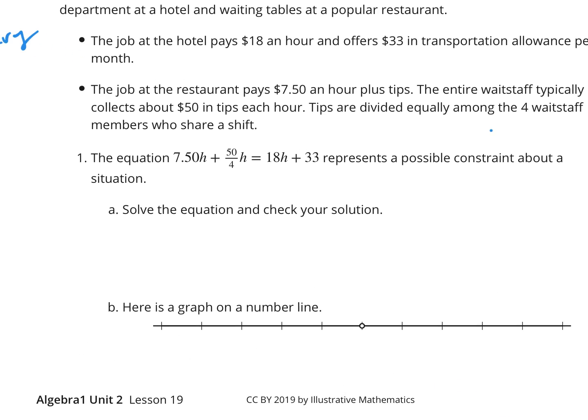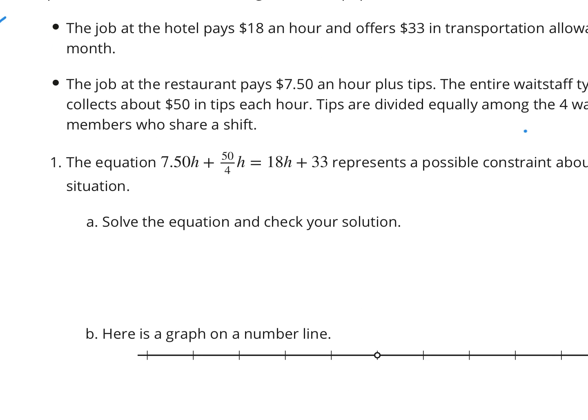All right, let's take a look at the first question. It says to solve the equation and check your solution. So 7.50h plus 50 over 4h equals 18h plus 33. First thing I'm going to do is combine my like terms. So 7.50 plus 50 over 4 is equal to 20.